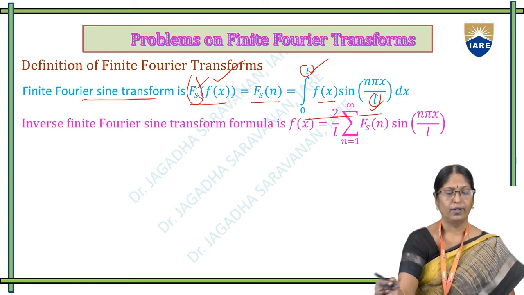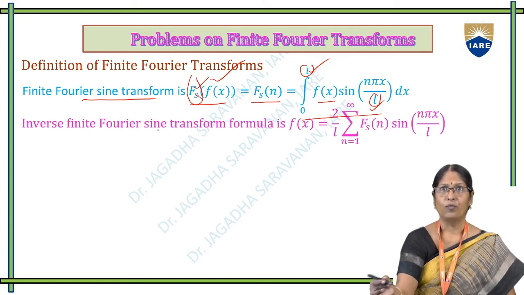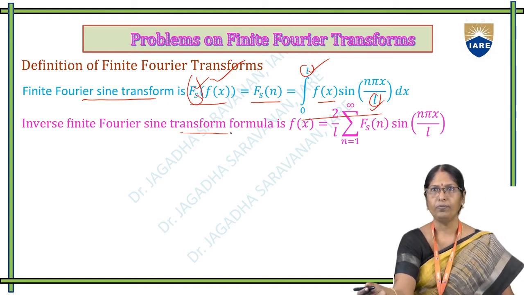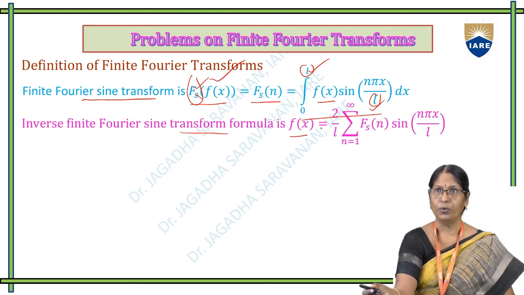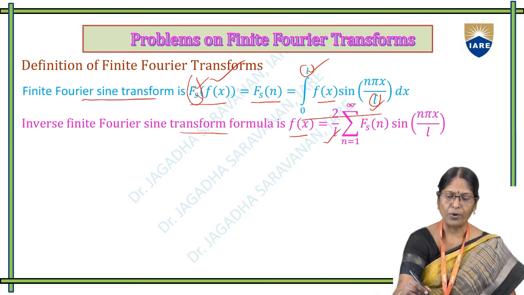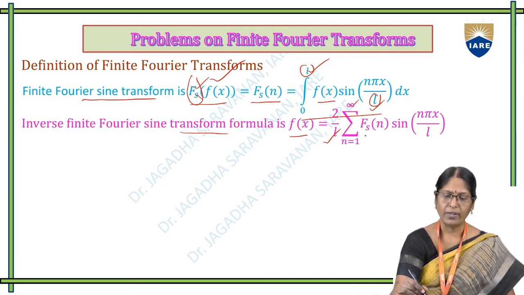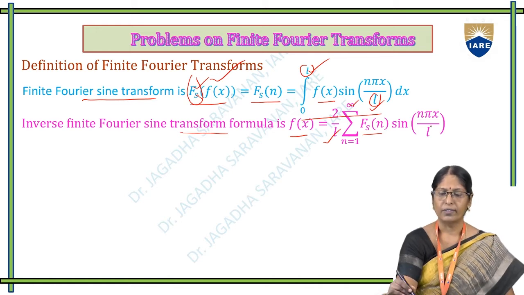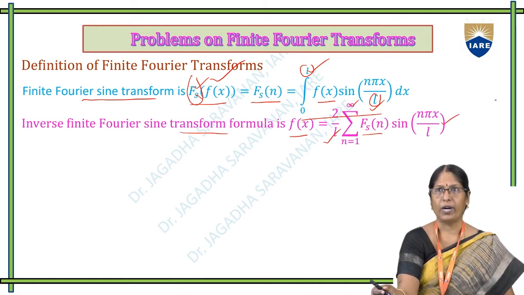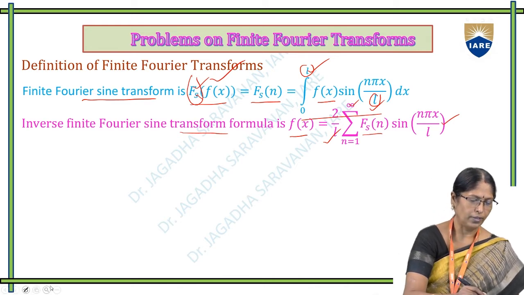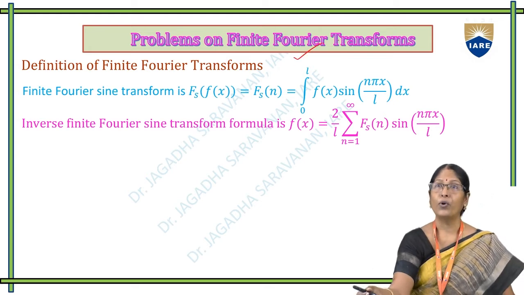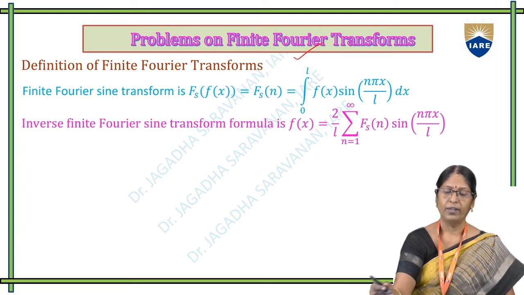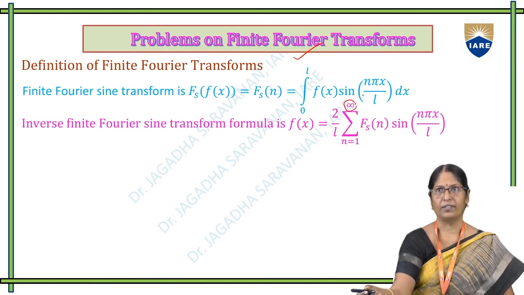The next one, inverse finite Fourier sine transform. In this formula, f of x equal to 2 by L summation n equal to 1 to infinity capital Fs of n sine of n pi x by L. The topic we are discussing is finite Fourier transform, but here infinity is there.